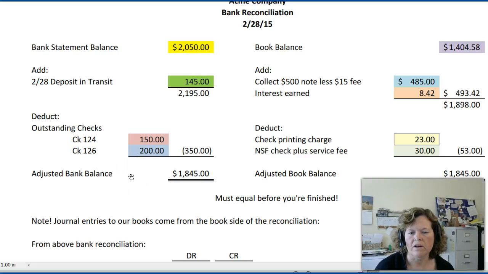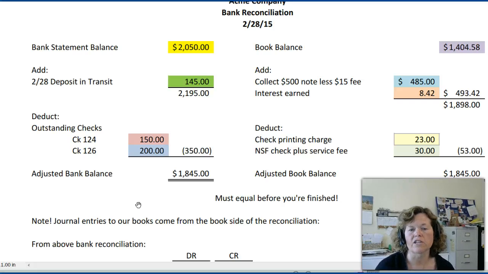That's what we call our adjusted bank balance. I generally wait to do the double underline till I'm sure I'm in balance over here. This adjusted bank balance accommodates these items that had not yet cleared the bank at the end of the month.